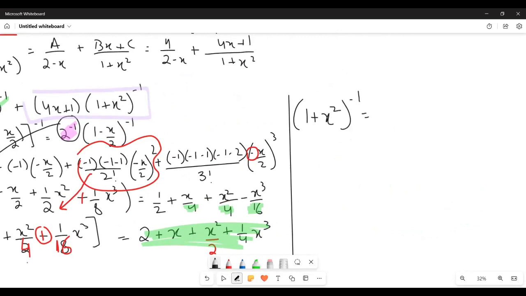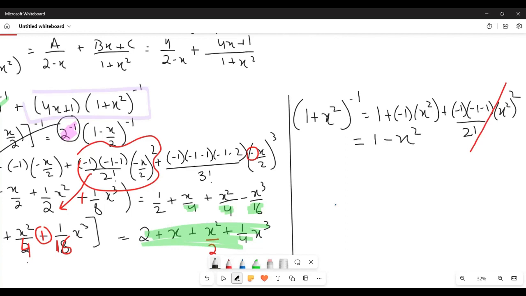So that's going to be 1 plus nx plus n minus 1 upon 2 factorial times x square. So the x4 term cancels, so we can just ignore this. And we just have 1 minus x square. Then we multiply 4x plus 1 with 1 minus x square.